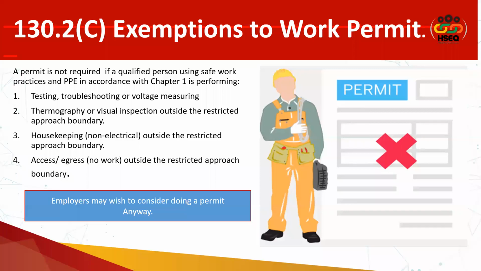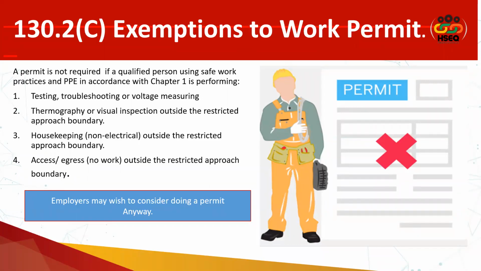Okay, so an exemption to the work permit does not indicate that the hazard is not present or the risk level is low. That's why 70E says that employers may wish to consider a permit anyway in order to identify what the risk level is.